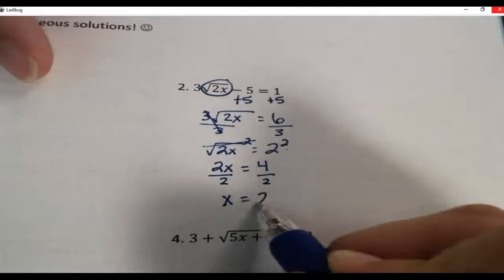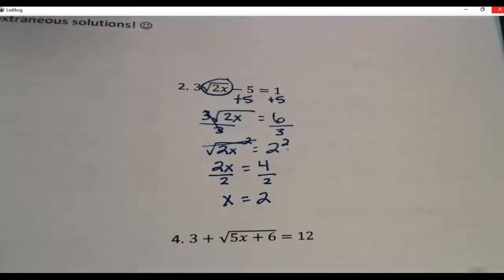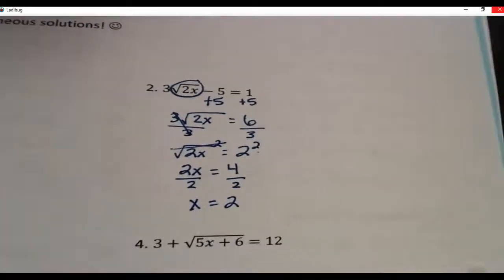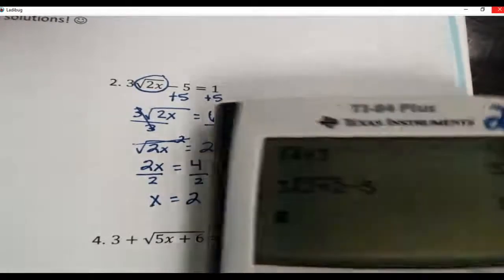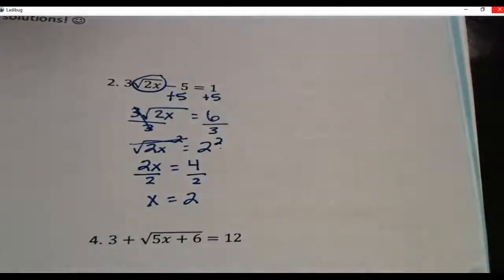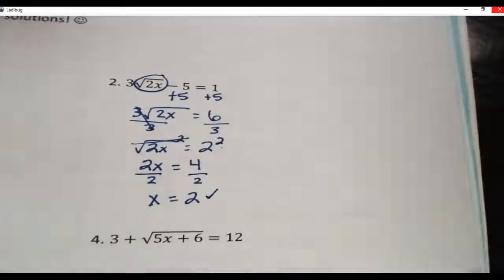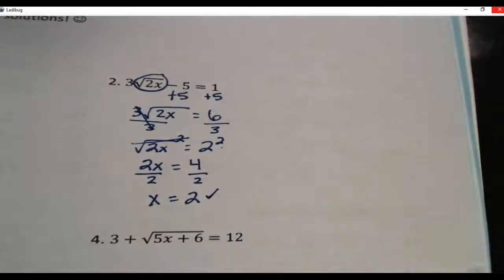So then we get 2. Again, you do want to plug it back in to the original, just like it looks. So 3 square root of 2 times 2, hit over, minus 5. And we get 1. And that's what we want. Questions?